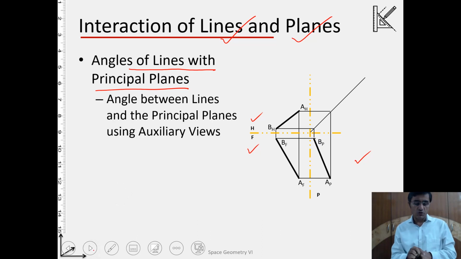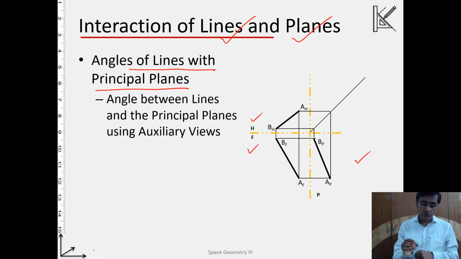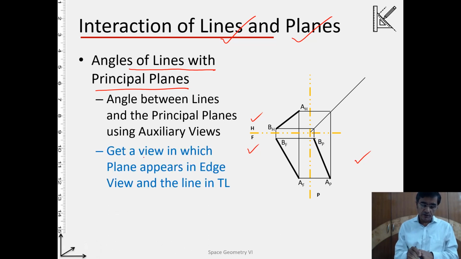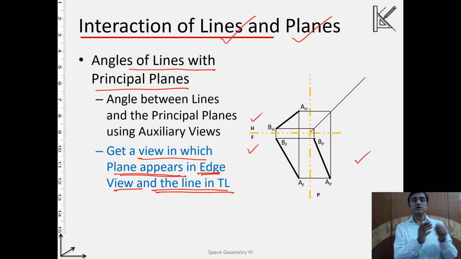Now to solve this problem, as I said, what we are making use of? We are making use of the principle that we will get a view in which the plane appears in edge view and the line in true length. Because we have discussed already, the angle between a plane and a line is the angle between the edge view of this plane and the projection of this line as the true length there.